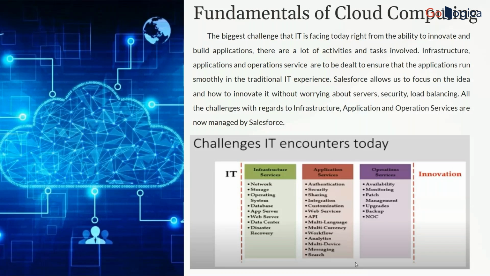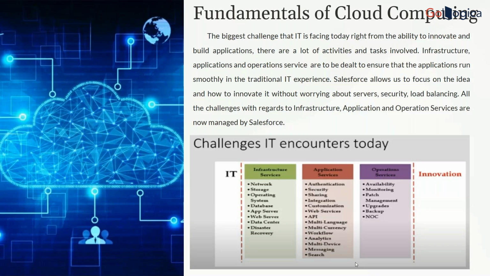We just need to, be it on the application side as well, and operations services, even if we are creating an application or web based solutions, Salesforce will take care of the entire infrastructure. There are three services basically: infrastructure as a service, platform as a service, and then software as a service. All those services are taken care of by Salesforce.